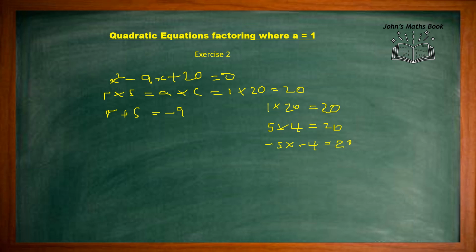So let's rewrite the quadratic and split the middle term. So we have x squared minus 4x minus 5x plus 20 equals 0.